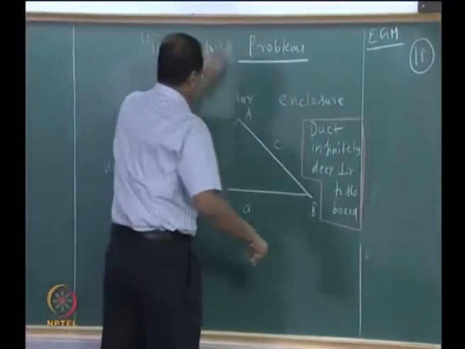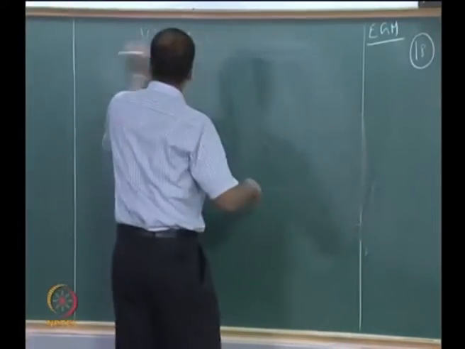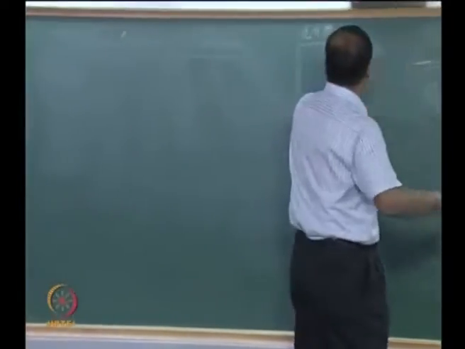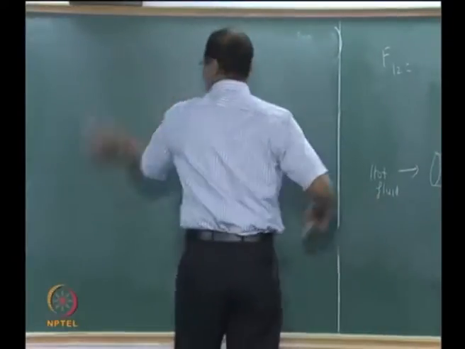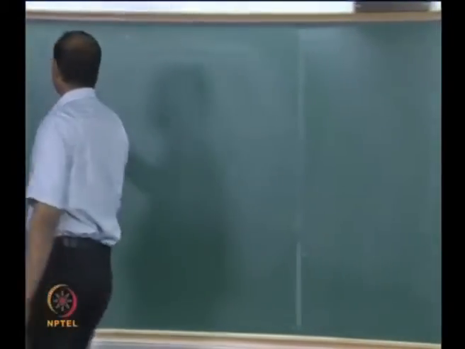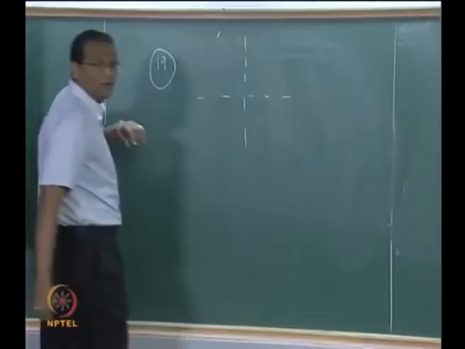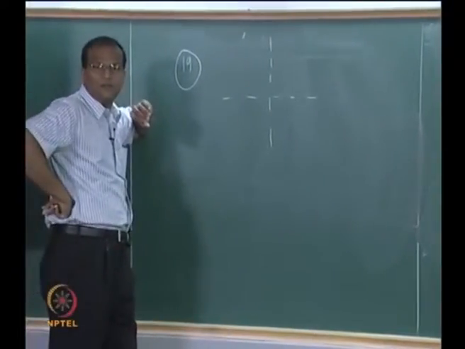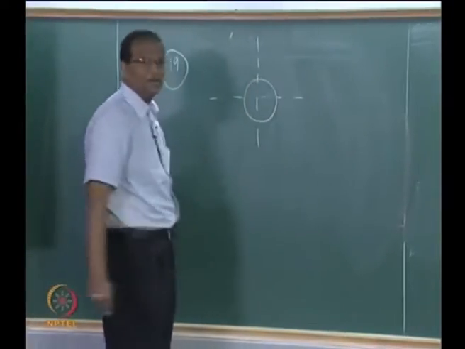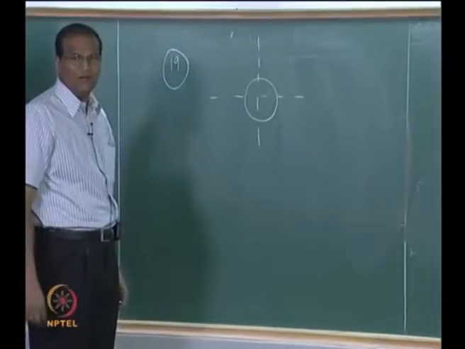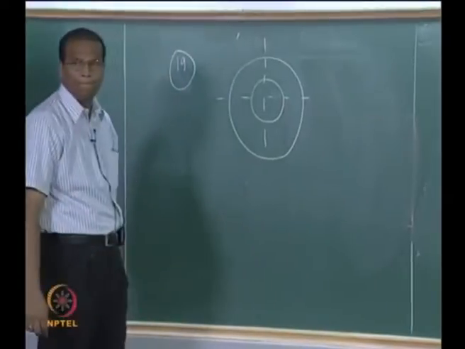Now there are two concentric pipes. There is a pipe inside which is carrying a fluid, that is enclosed by an outer pipe.